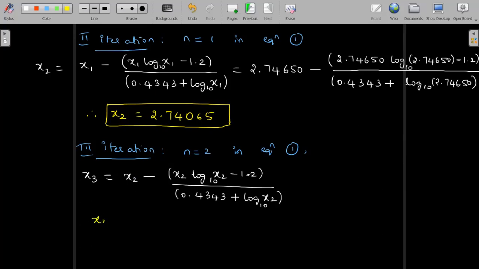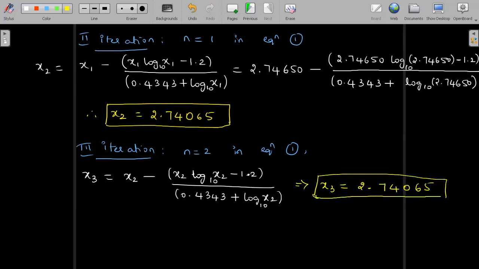We can obtain the third approximation x3 as 2.74065. Up to 5 decimal places, the value of x3 is also the same as x2, 2.74065. So the Newton-Raphson iterative method converges to the exact answer very early, with a smaller number of iterations.